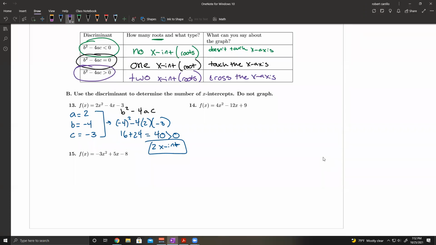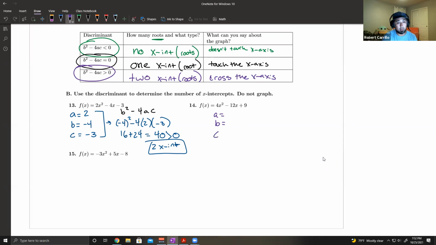All right. Easy, right? Without having to find the vertex or anything like that. Okay. Let's do it one more time and move on. We'll do 14. What are the values of A, B, and C here? 4, -12, and 9.